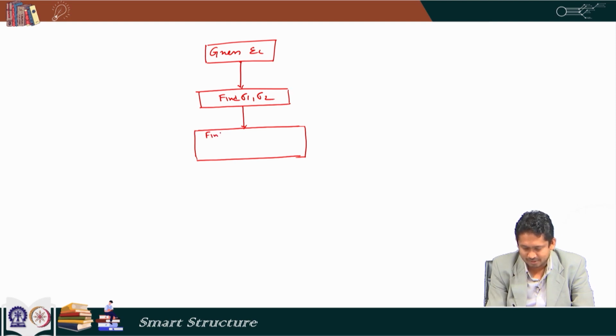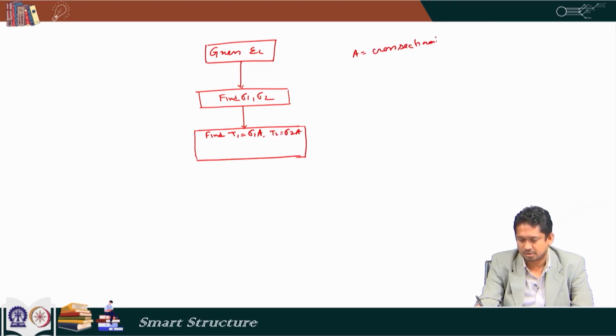So, sigma 1 is the stress in wire 1 and sigma 2 is the stress in wire 2. If I multiply those by the area of cross section of the wire, we get our tensions T 1 and T 2. So, find T 1 equal to sigma 1 A and T 2 equal to sigma 2 A, where A is the cross sectional area of the SMA wires.